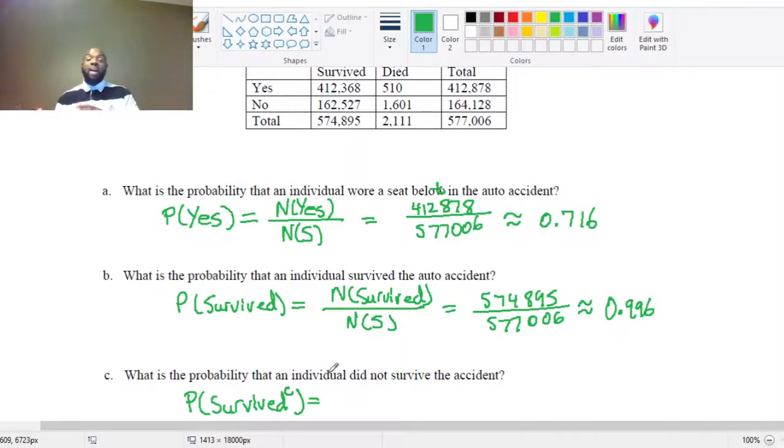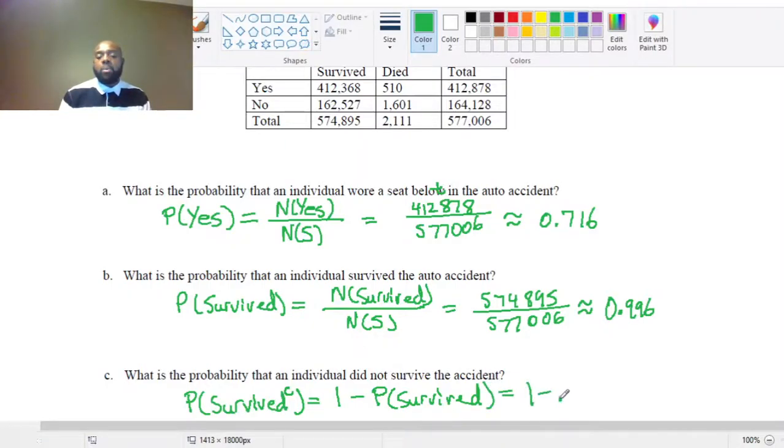So surviving and not surviving are complements of each other. By the complement rule, this is just 1 minus the probability that someone survived. Since we already have that that's 0.996, this just equals 0.004.